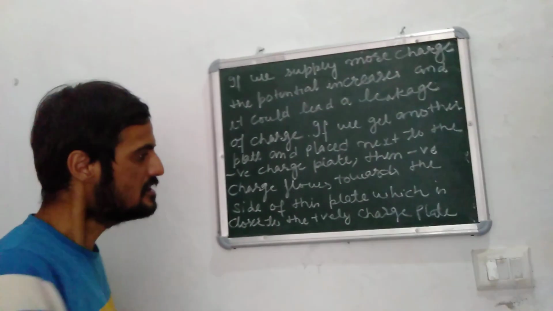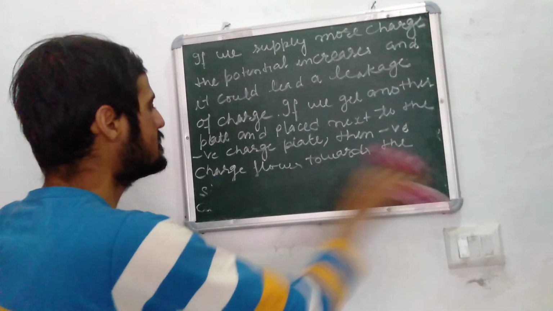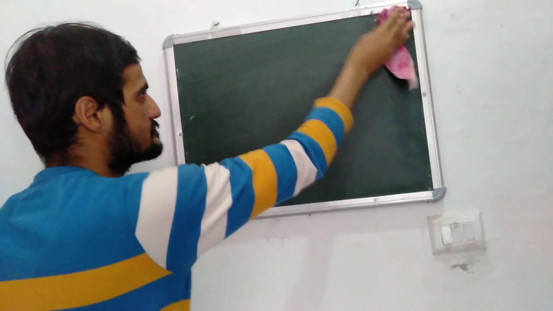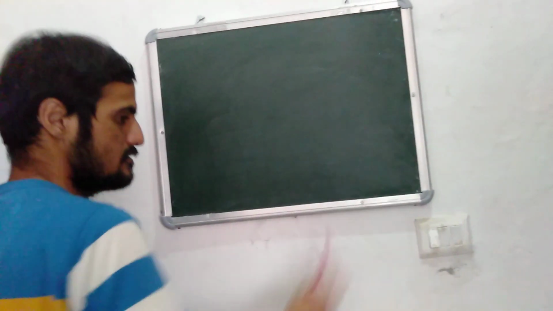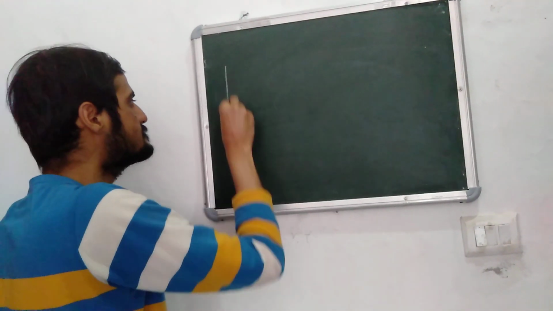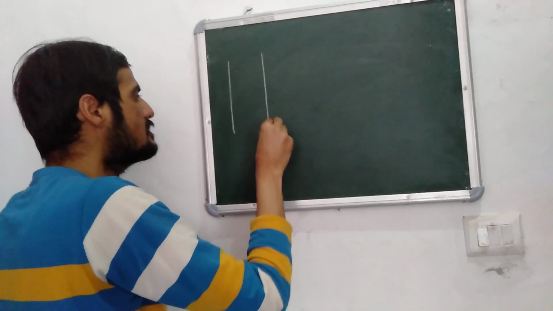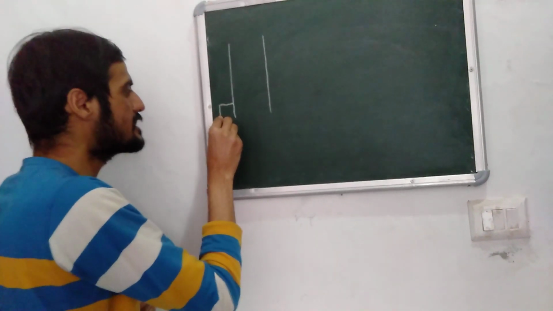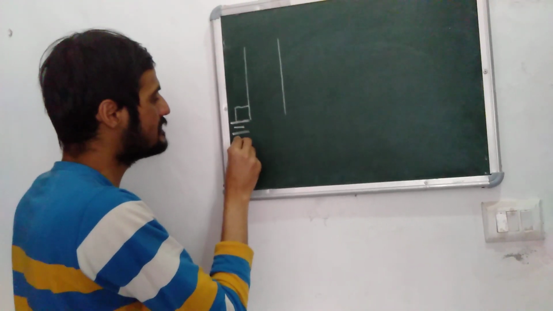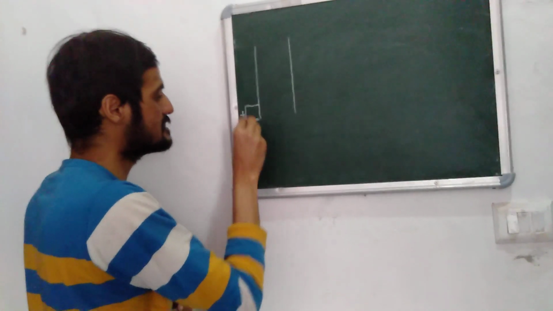Now I am explaining the principle of the parallel plate capacitor with the help of a diagram. We consider a parallel plate capacitor. First of all, we connect it with a battery. This is the positive terminal and this is the negative.